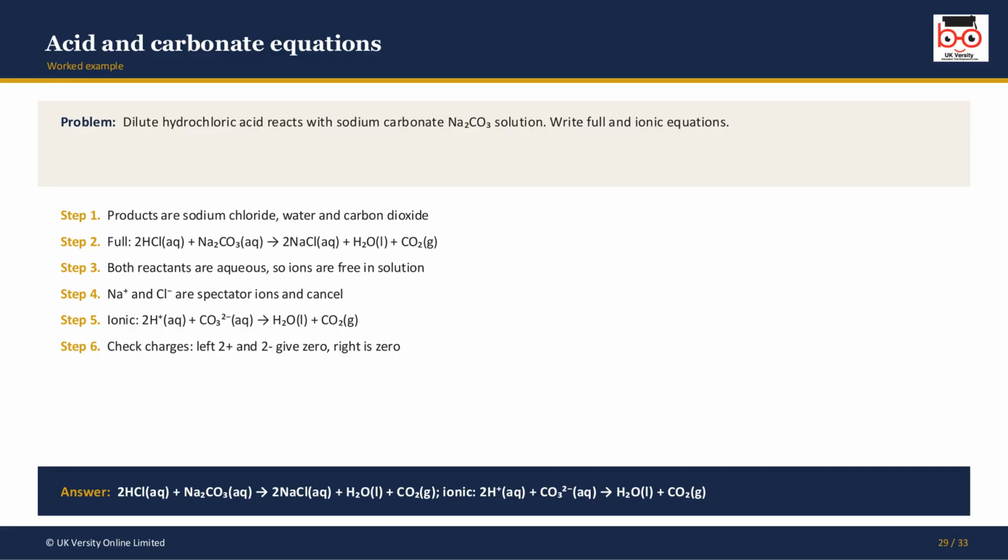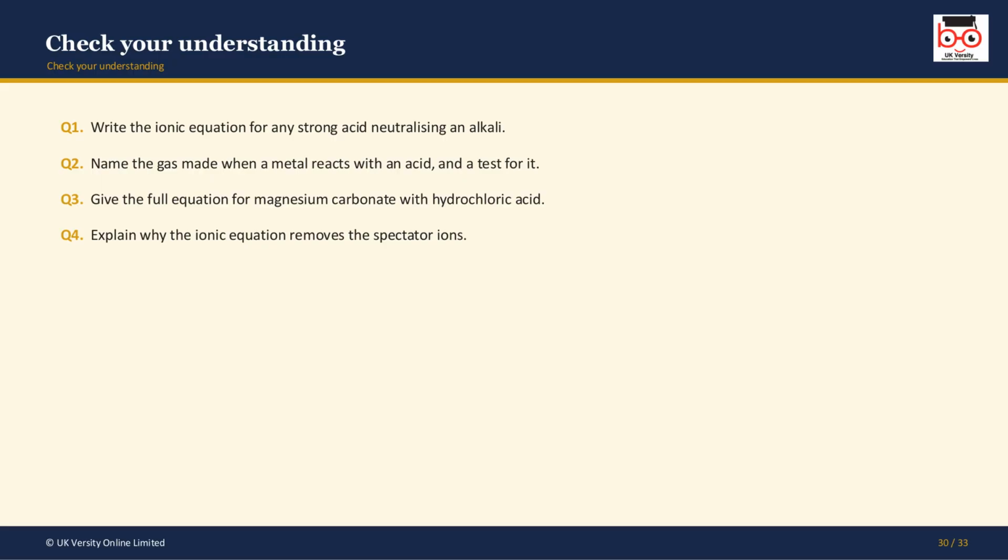Both reactants are aqueous, so their ions are free in solution, and the sodium and chloride ions are spectators that cancel. That leaves the ionic equation. 2 hydrogen ions plus a carbonate ion give water and carbon dioxide, and the charges balance to 0 on each side. Let's check your understanding of these reactions.